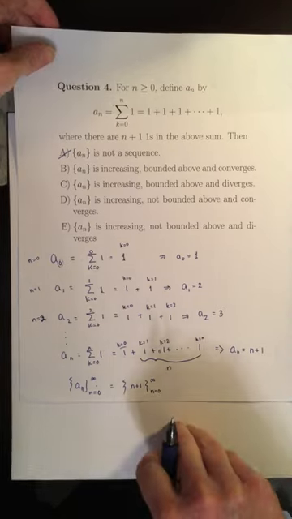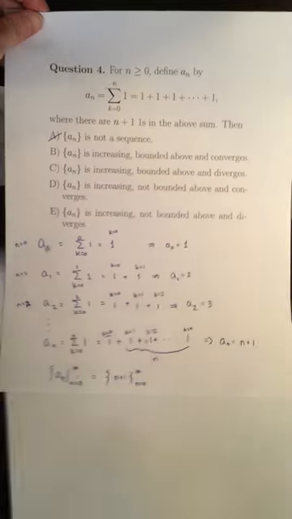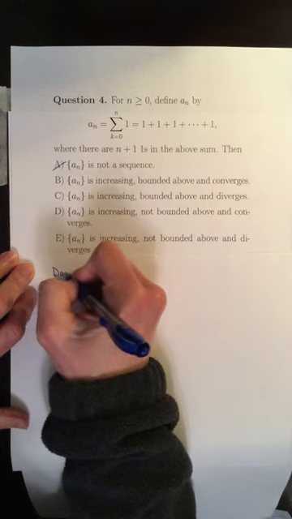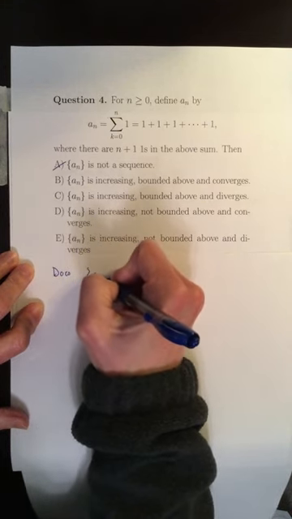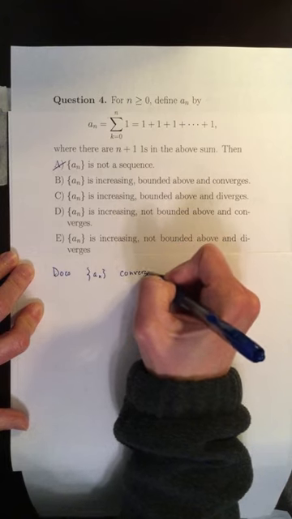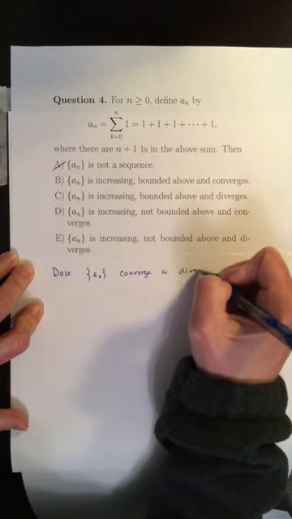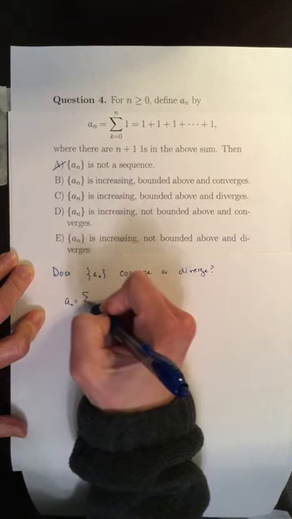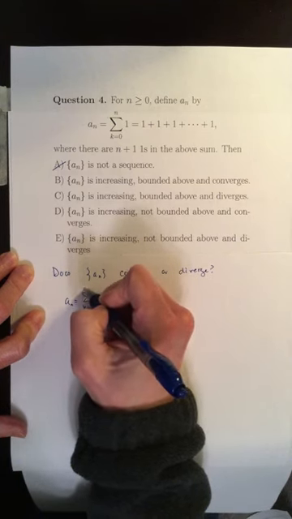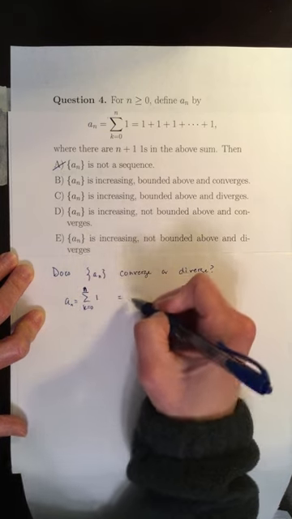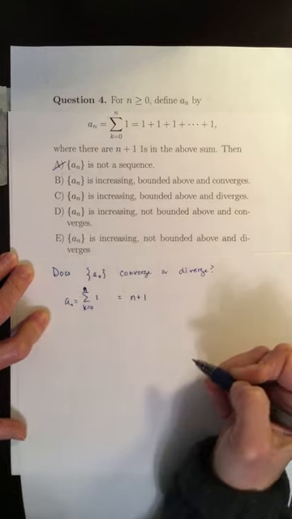Is the sequence convergent or divergent? Again, a sub n being the sum k going from 0 to n of 1, which we know is n plus 1.